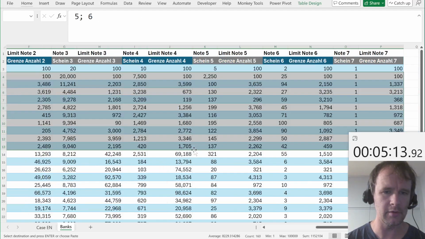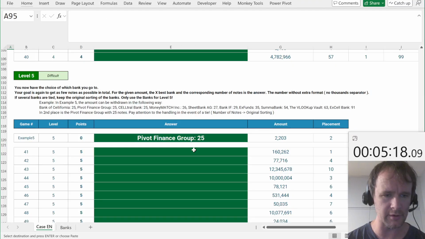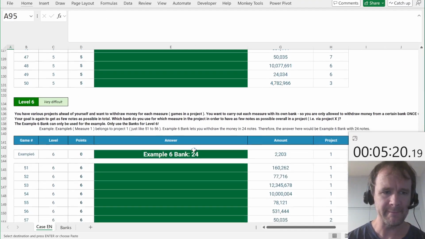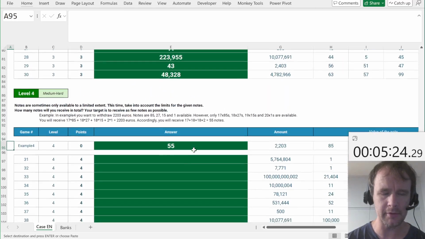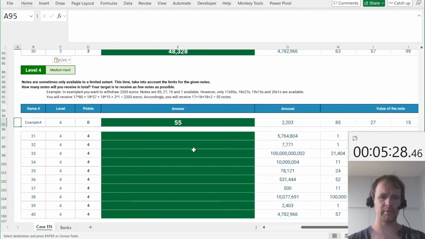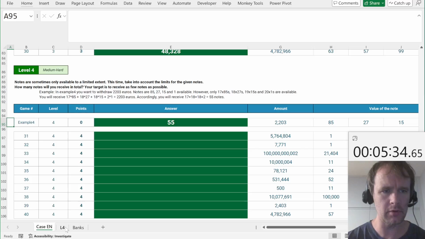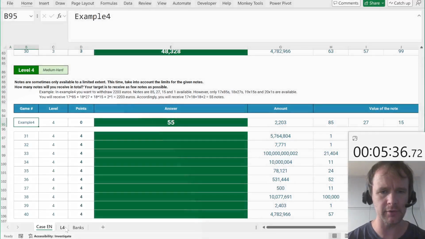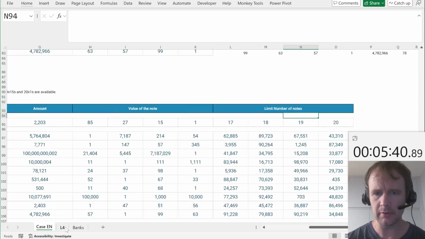There's only 10 banks for those levels. Okay, got it. Alright, so we've got a bit to go yet. Alright, well, let's just do fill for example 4. Actually, no, that is what it's called. Fine. So, amount value limit.